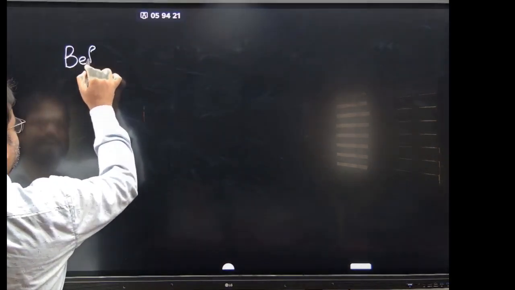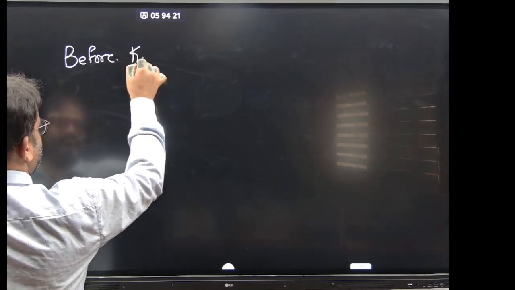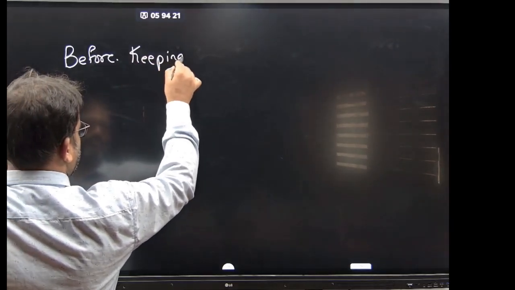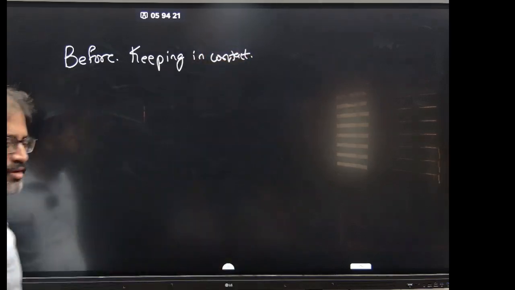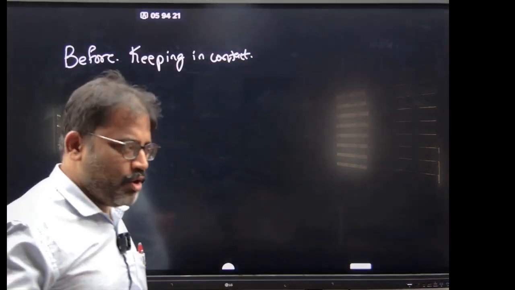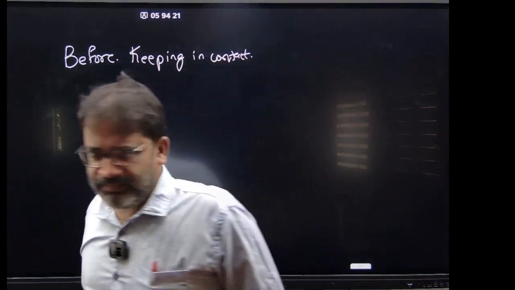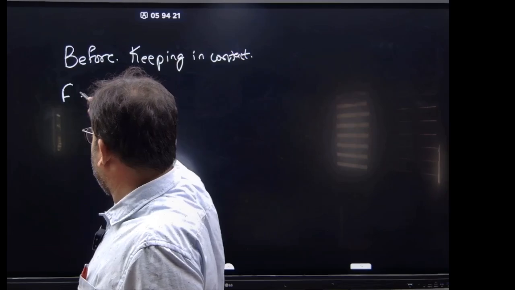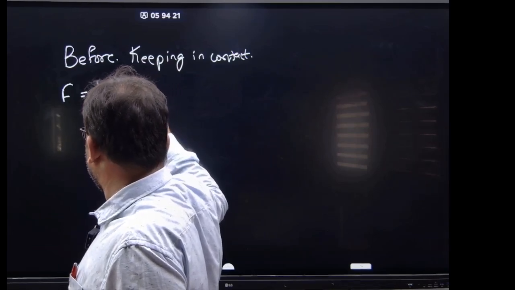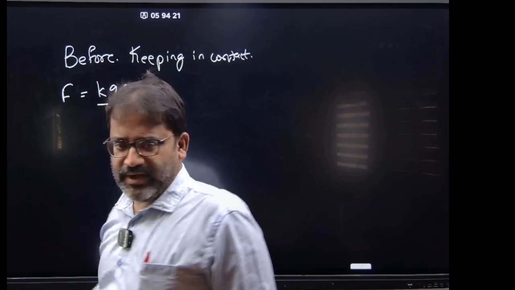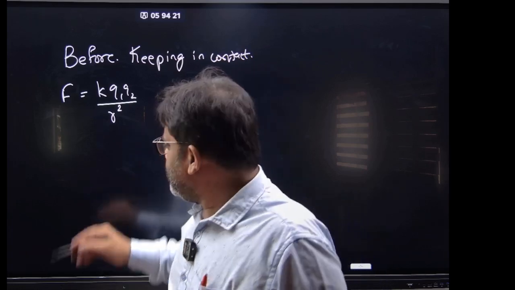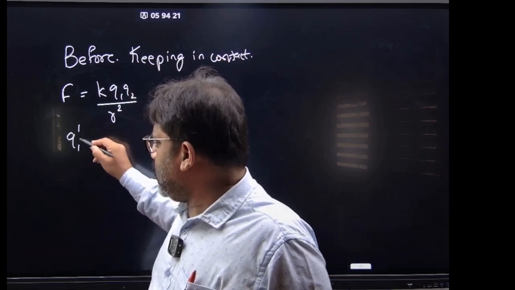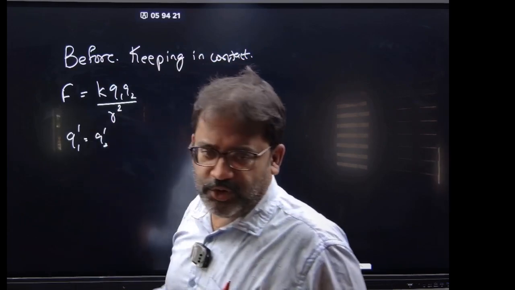First, before keeping in contact, what is the force? F is equal to K Q1 Q2 divided by R square. Correct? After keeping in contact, the charges will change from Q1 to Q1 prime, which is equal to Q2 prime.